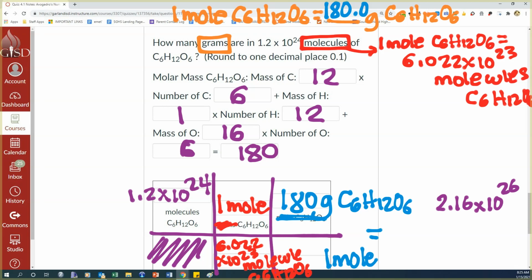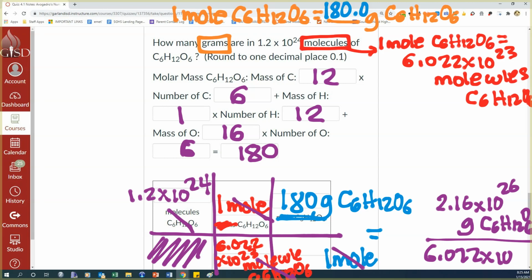If you look closely, everything else will cancel out: molecules here, mole here, mole here. The unit is grams, which is the correct unit, C6H12O6, over, multiply everything at the bottom, which is just the 6.022 times 10 to the 23rd.